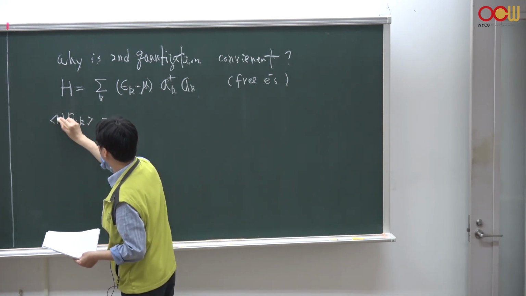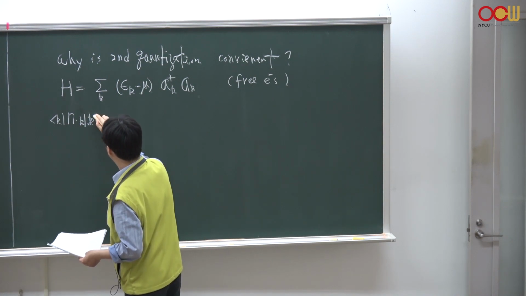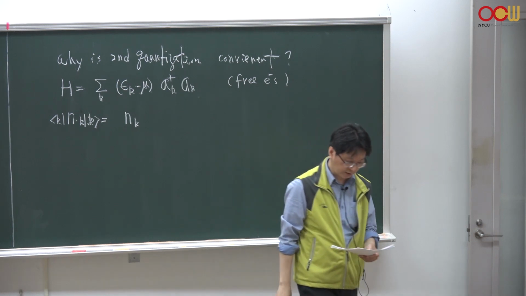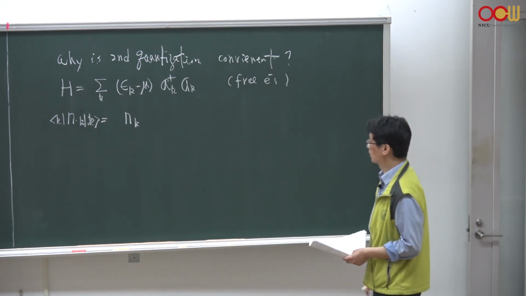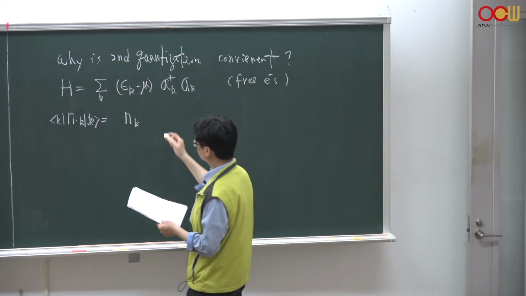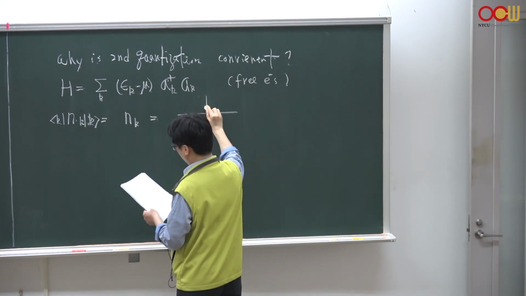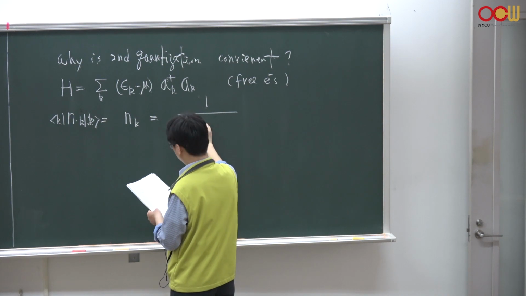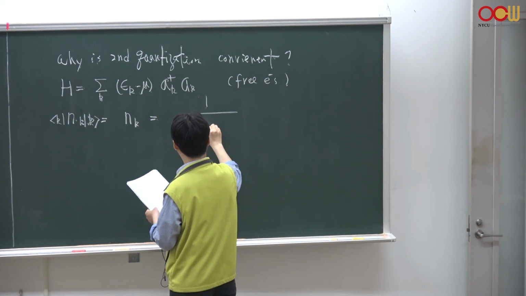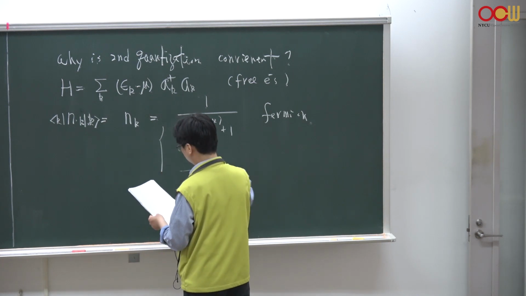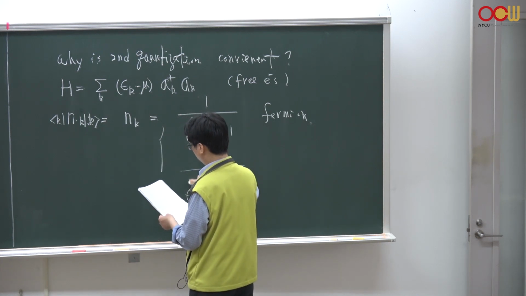say in k space, you will get a number which is nothing but the occupation number. And this occupation number is nothing but the Fermi-Dirac distribution if the particles are fermions, or the Bose-Einstein distribution if the particles are bosons.